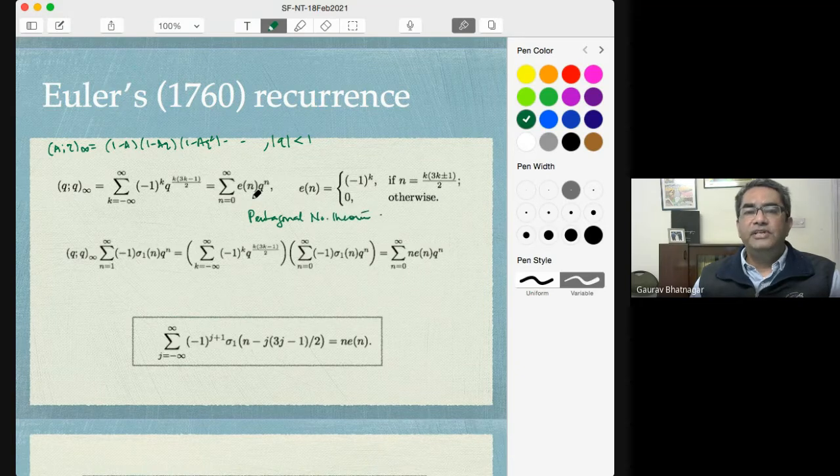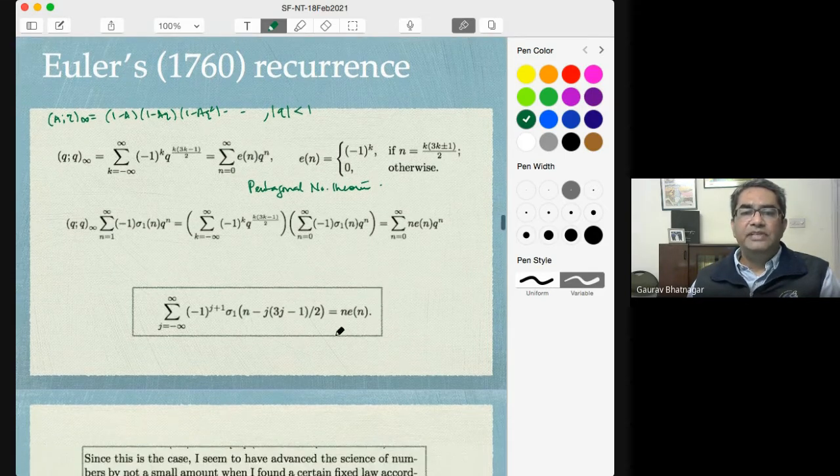So the coefficients En of this q expansion are 0 unless n is k times 3k plus 1 or 3k minus 1, over 2. And in that case, it is minus 1 raised to k. So that's Euler's pentagonal number theorem. So I use these as the partition function, my capital P, and then I get an identity, a recurrence relation for the sigma function, and this is due to Euler.